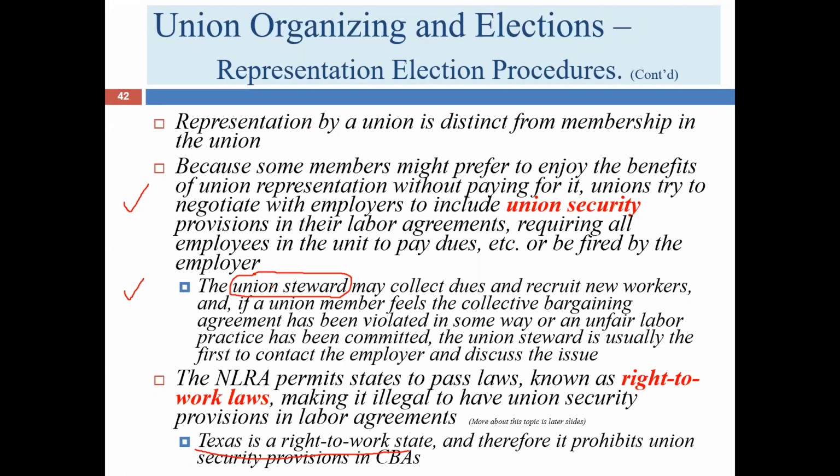This person may be involved in collecting dues, recruiting new workers, and is usually the first person who receives grievances and assists in the processing of those grievances. In many workplaces, these people may have reduced or no active work responsibilities for the employer. That may be a defined position through the collective bargaining agreement for a larger employer.